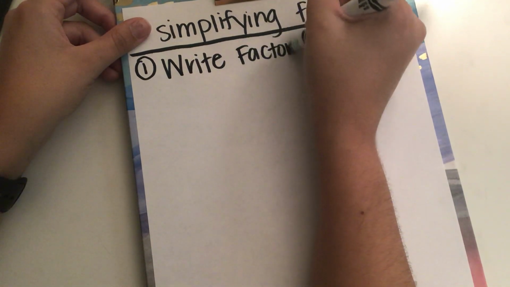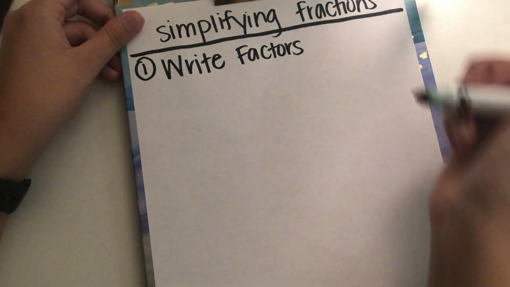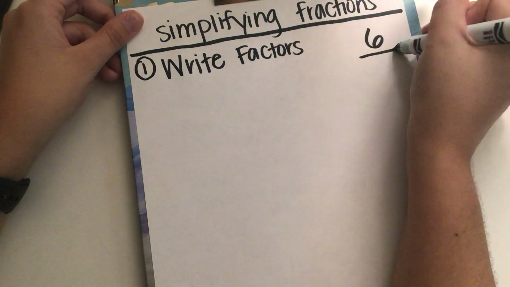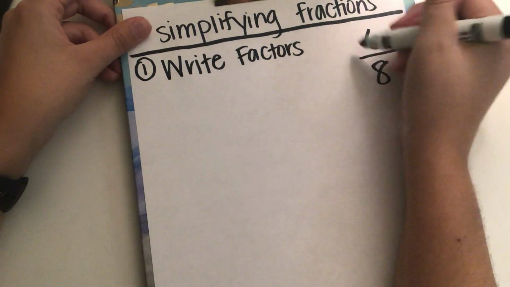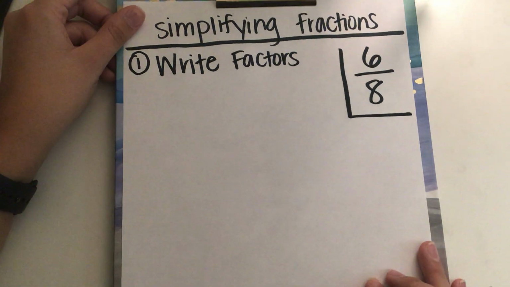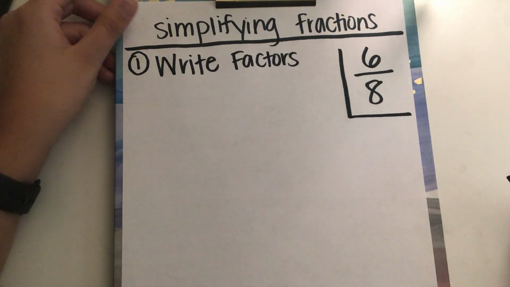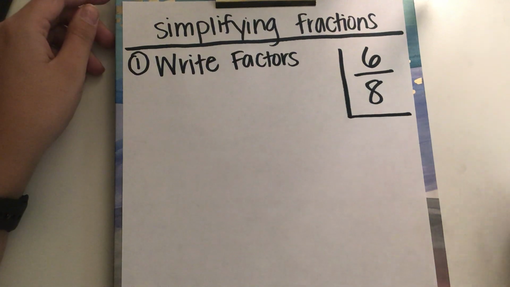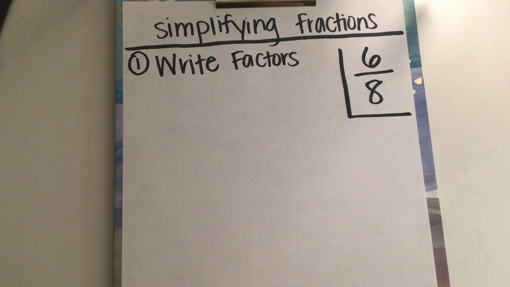So let's start off with the fraction. Let's do 6/8. You can write it big over here. This is what we're going to be working with. We're going to do 6/8 for our simplifying fractions anchor chart. So our first step is to write the factors.